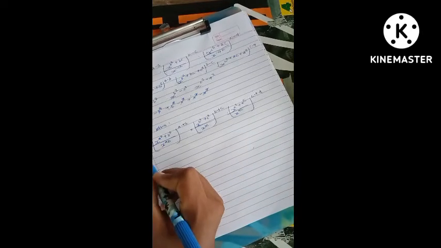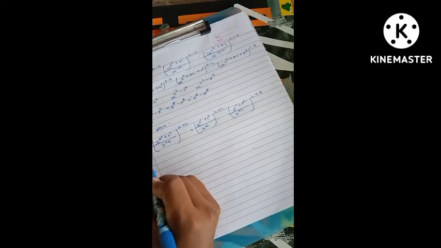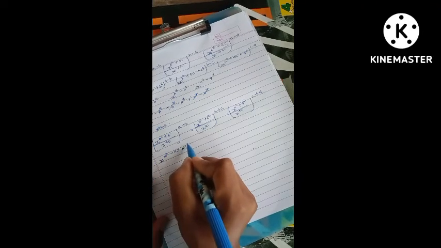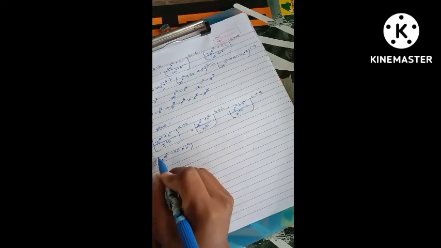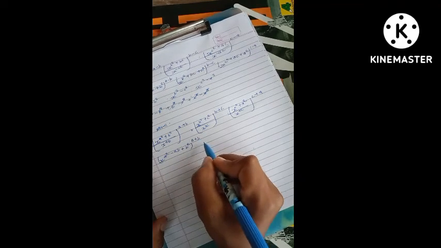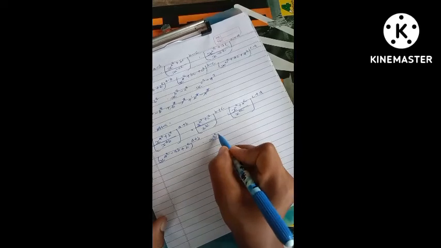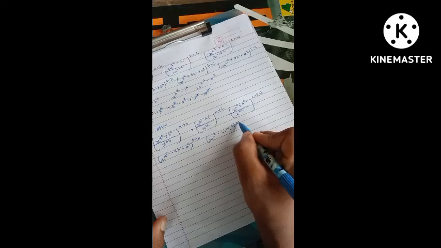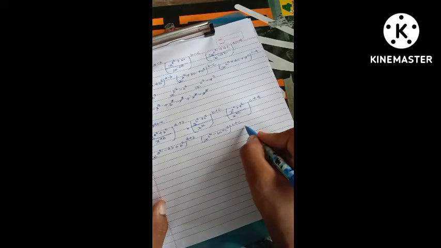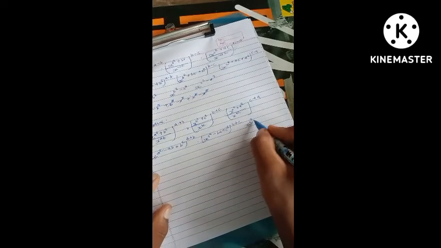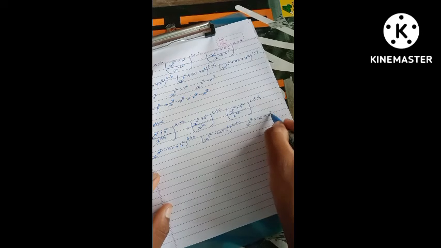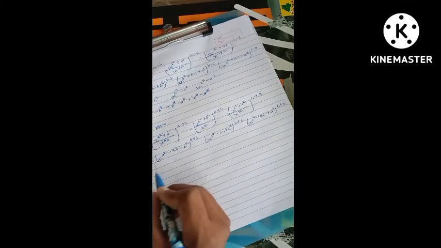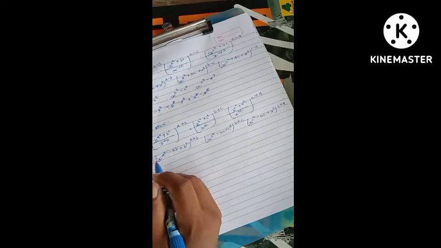Here we can write x^(a² − ab + b²) to the power (a + b), multiplied by x^(b² − bc + c²) to the power (b + c), and x^(c² − ac + a²) to the power (c + a).